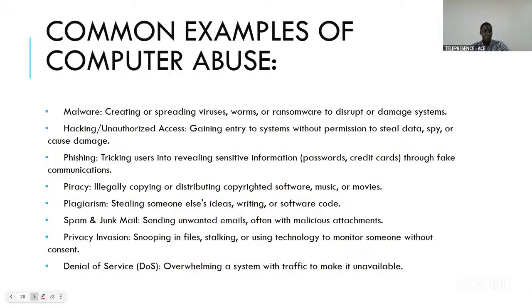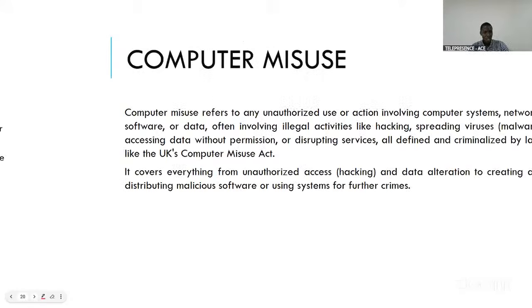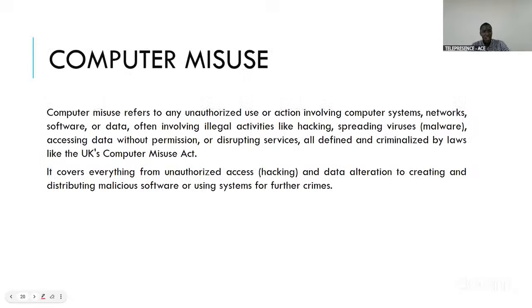Now, going to computer misuse. This refers to any unauthorized use or action involving computer systems, network, software, or data that are illegal activities like hacking, spreading virus, and the likes on computer system.